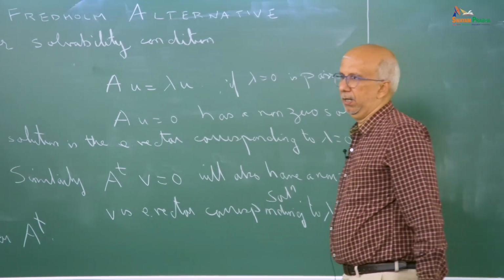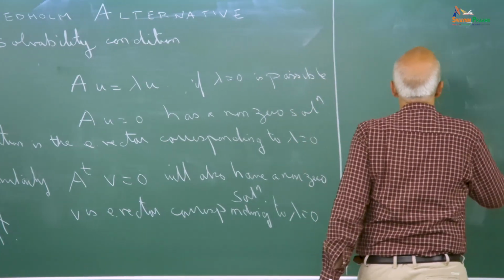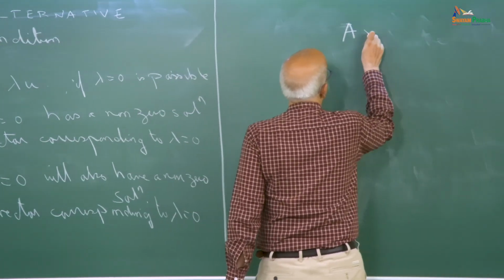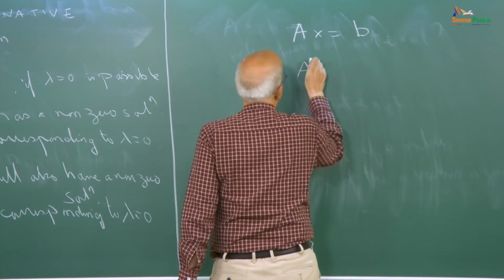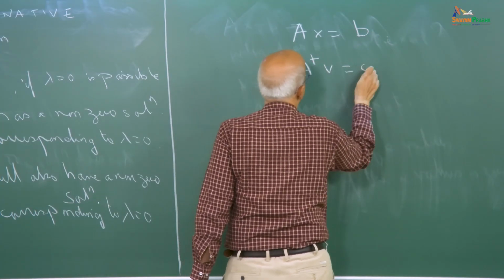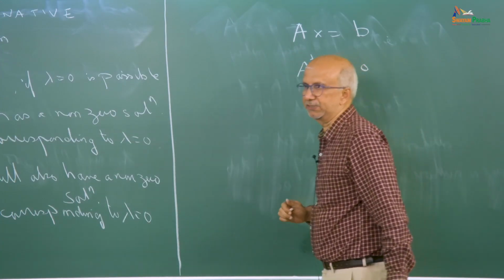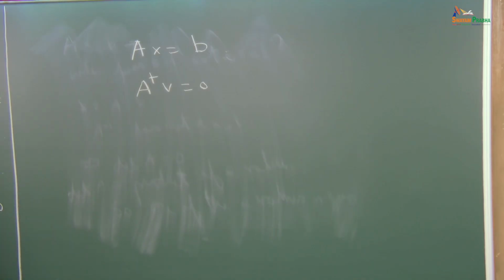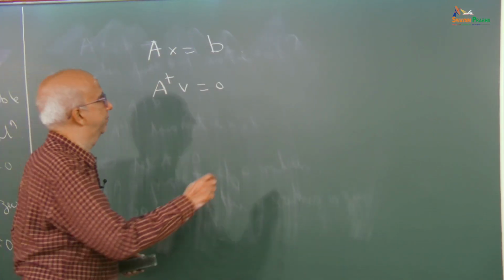So, the question I am going to ask here is, I have Ax equals b and A transpose v equal to 0, okay, and we are looking at this condition here. So, basically one of the eigenvalues is 0, okay.